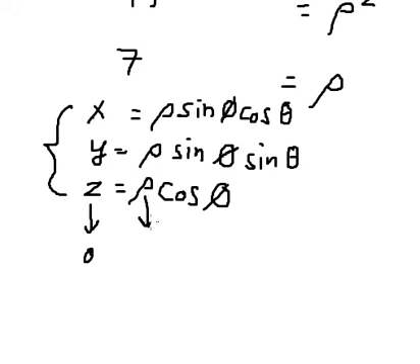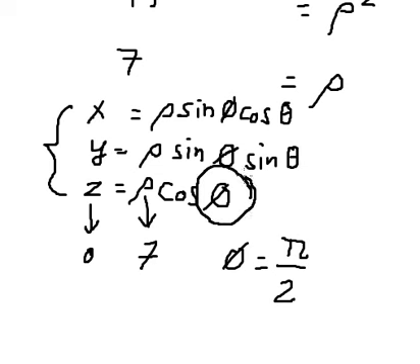Rho, we just have 7. So if we want to get 0, this one should be equal to pi over 2. After we got 7 and phi equals pi over 2, we can find theta in here.